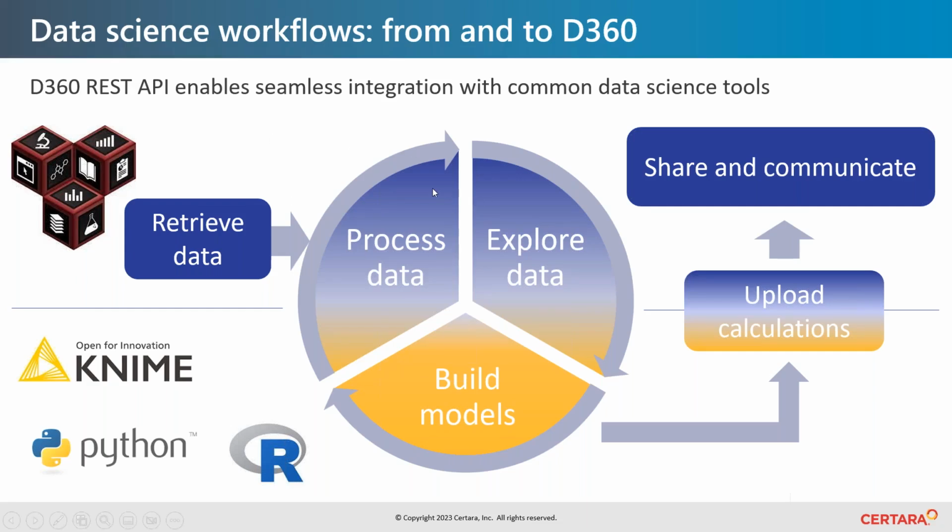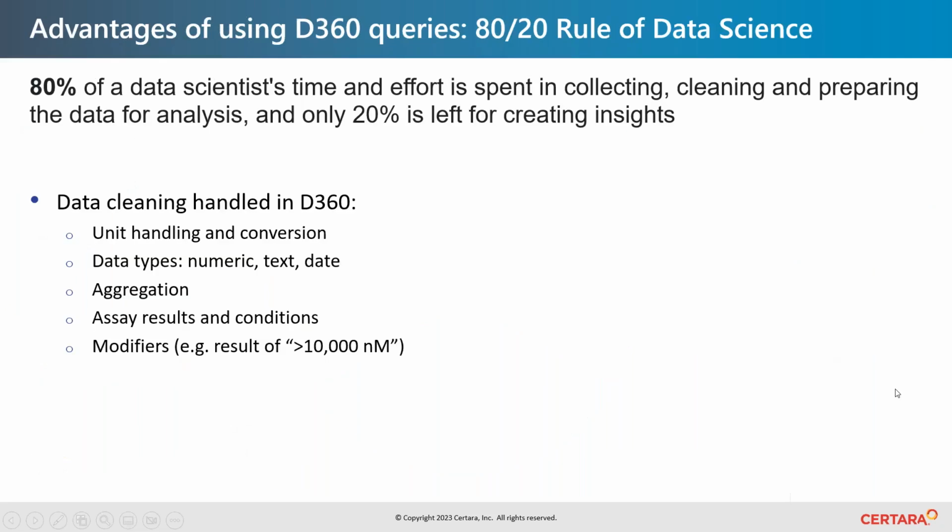So first, let's look a bit at the processing data and how D360 helps there. The processing data is so prevalent that they even talk about the 80-20 rule of data science, which means that 80% of data scientists' time and effort is spent in collecting, cleaning, and preparing the data for analysis.